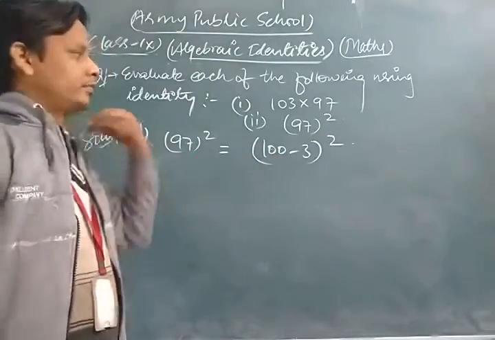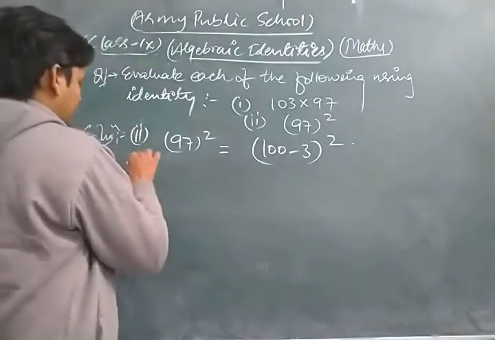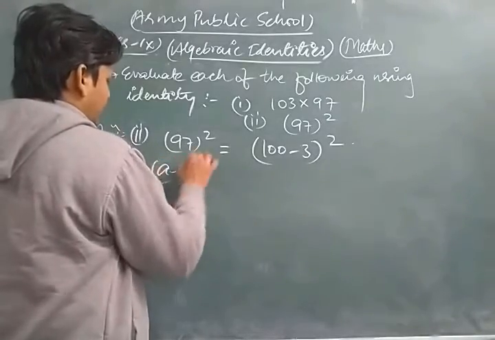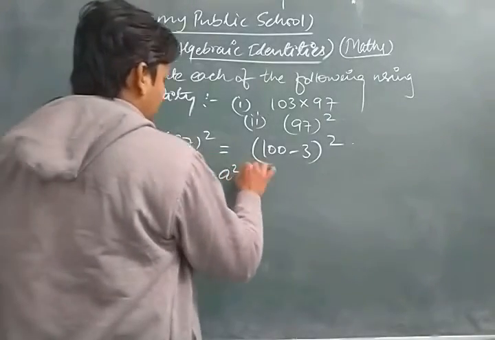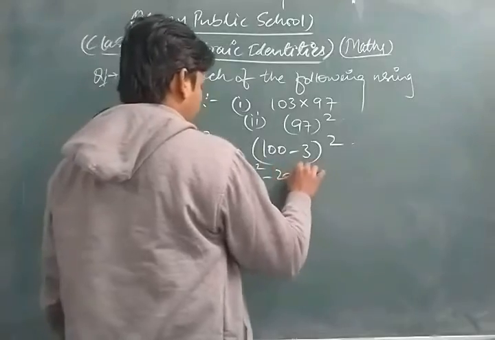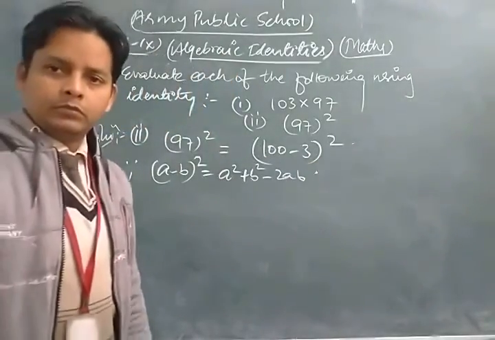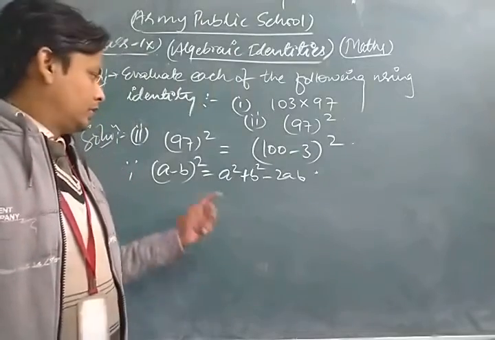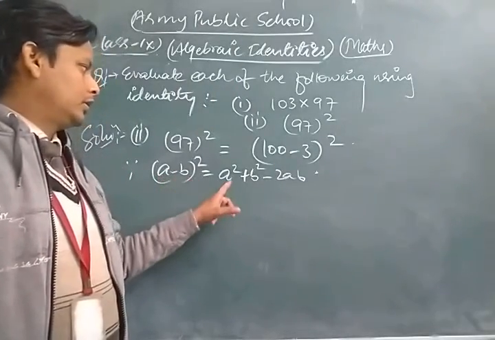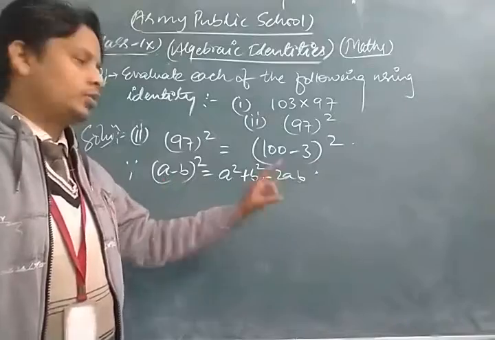Now look. Since (a minus b) whole square means a square plus b square minus 2ab.